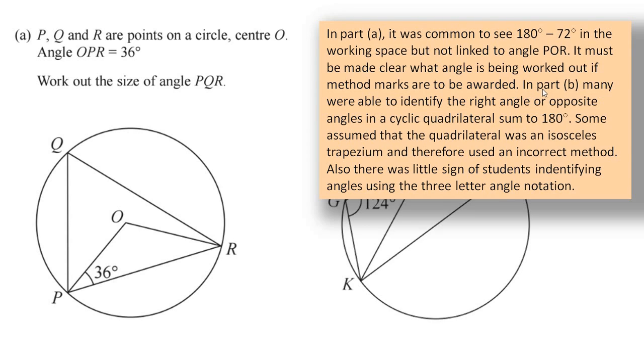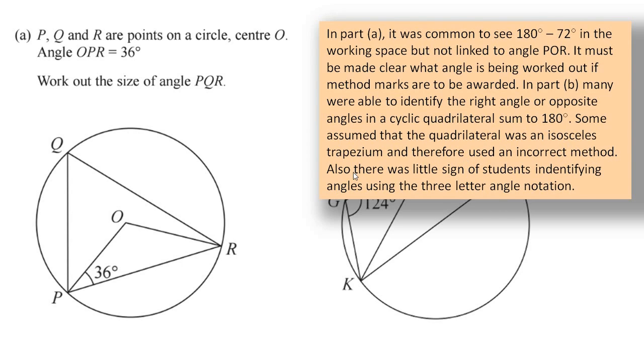Okay. So in part B, they say many were able to identify the right angle or opposite angles in a cyclic quadrilateral summed to 180 degrees. In other words, many students were able to see the correct circle theorems that they needed to apply. But some assumed that the quadrilateral was an isosceles trapezium, and that wasn't correct, so they used an incorrect method.